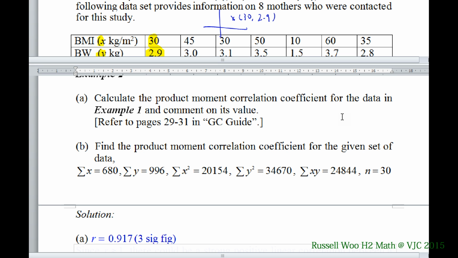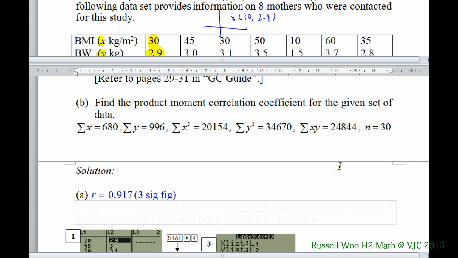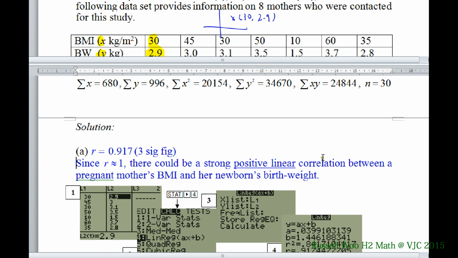You should say strong because it's close to 1. You should say positive because it's a positive number, upward sloping. You should say linear because R only measures linear relationship. Three important words. Then after that you conclude in context. So you should say strong, positive, linear. Three words are very important.